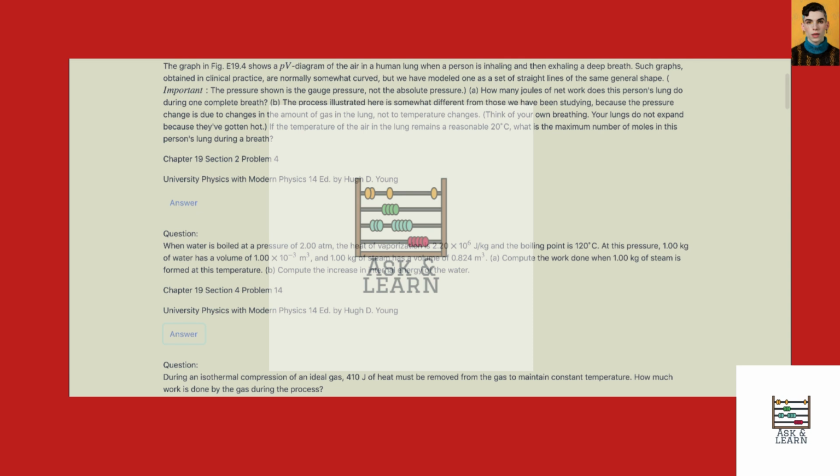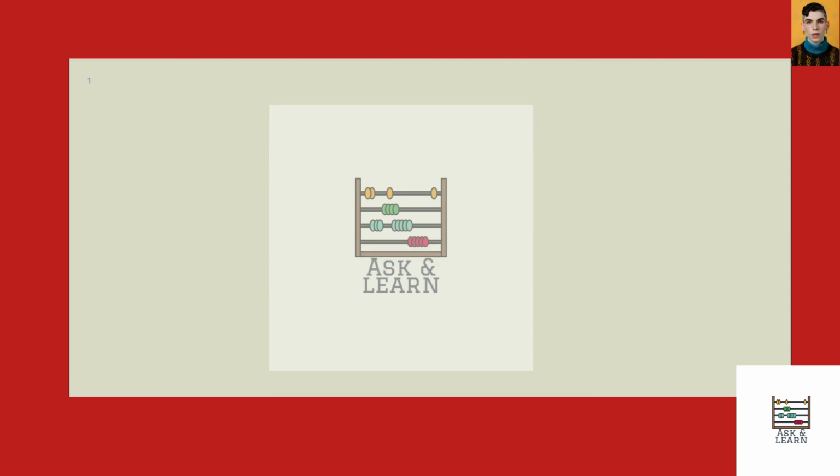Okay, so I'm just going to go ahead and write down what is given to us. So P equals 2 atmospheres, and L is equal to 2.2 times 10 to the 6.